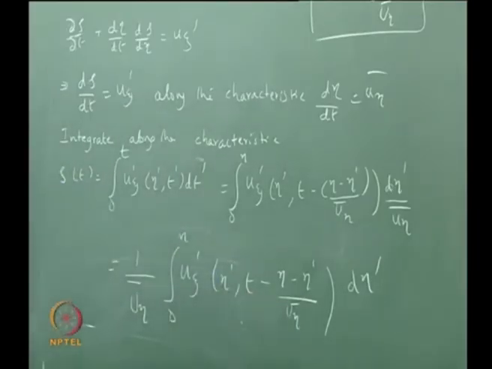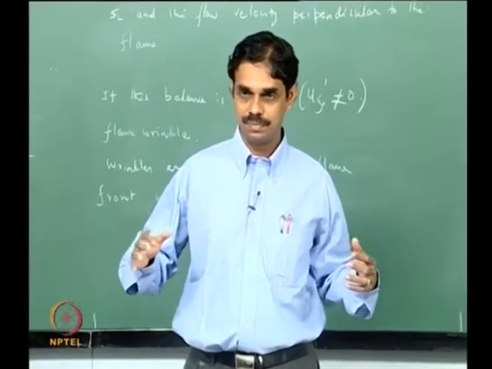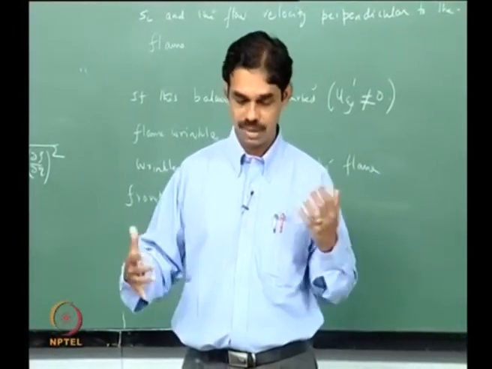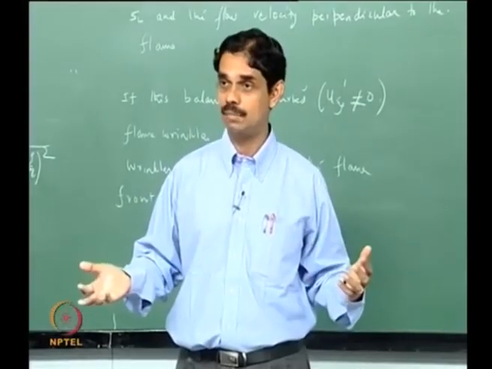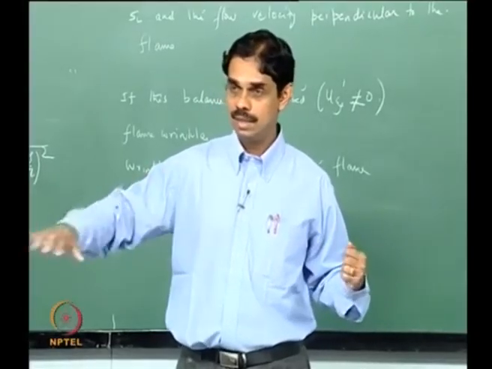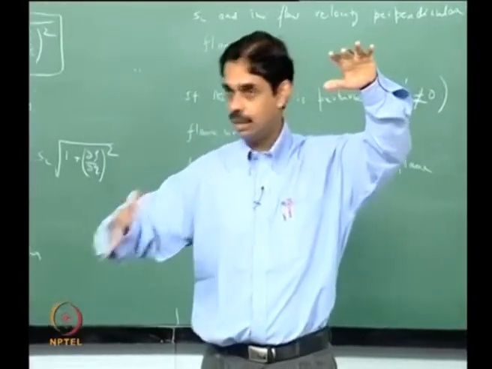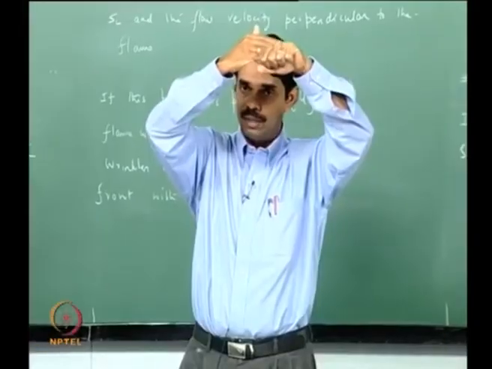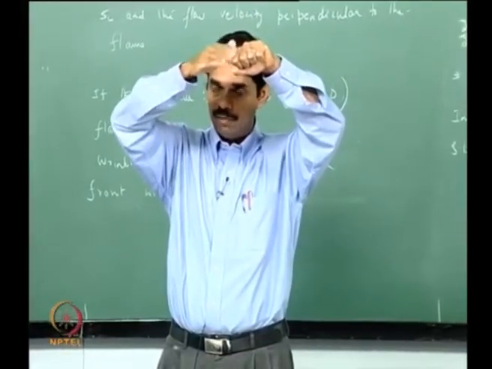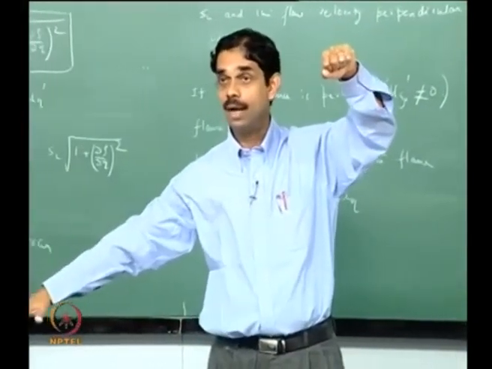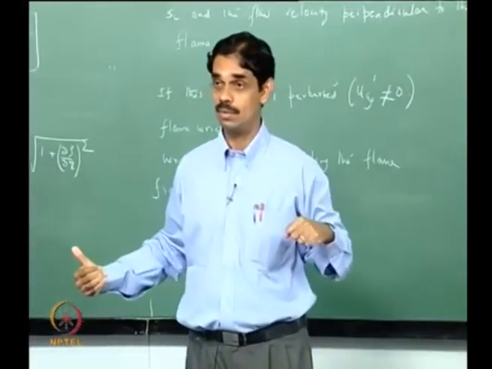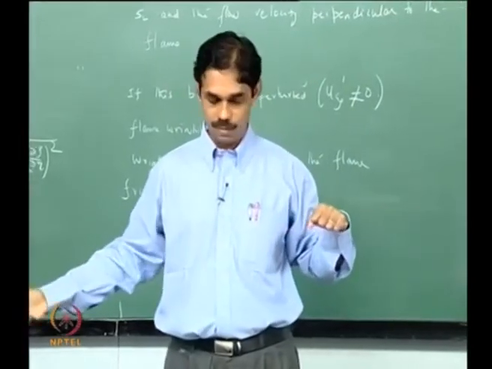So in this case the integral is over the history of all perturbations, which will introduce a non-instantaneous, time lag behavior, because the wrinkle originated here and then moved up here. So what is happening here depends not just on the local velocity, but also on the local wrinkle, which depends on whatever happened to this flame at some earlier time. You can clearly see this brings a time lag into the problem.